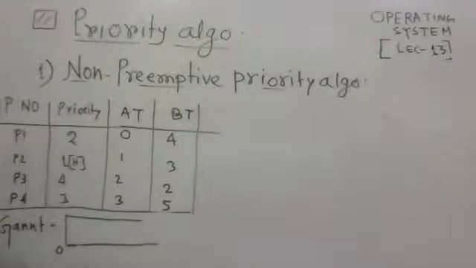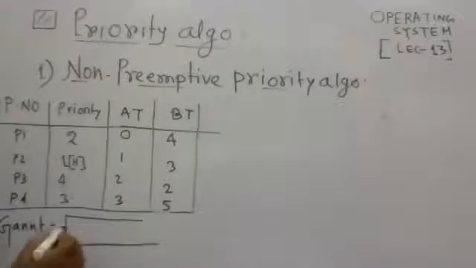Okay, so at time 0, in the ready queue we have only one process, that is P1, and P2, P3 and P4 are not present in the ready queue. So as only P1 is present in the ready queue, obviously we have to schedule P1.